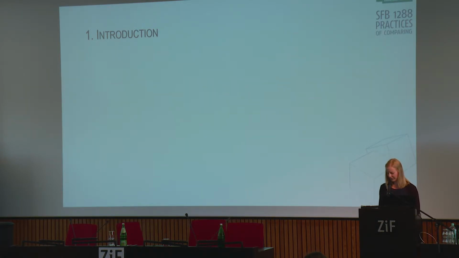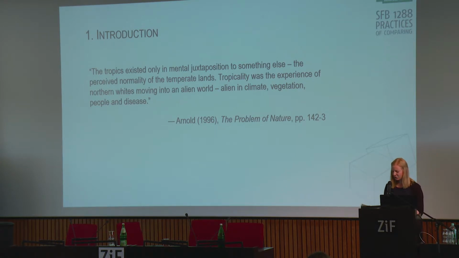Over the 19th century, this highly ambivalent notion of the tropical environment as a lush, idyllic paradise on the one hand and a repository of insalubrious conditions and disease on the other had taken on additional aspects of civilizational and racial determinism, including such questions as whether people from the temperate zone could acclimate to the tropics, and how much civilizational progress was determined by climatic circumstances. Using Arnold's own definition, the tropics existed only in mental juxtaposition to something else, the perceived normality of the temperate lands. Tropicality was the experience of northern whites moving into an alien world, alien in climate, vegetation, people, and disease.